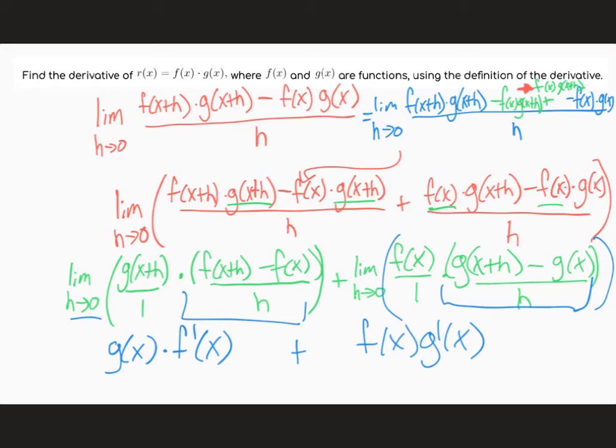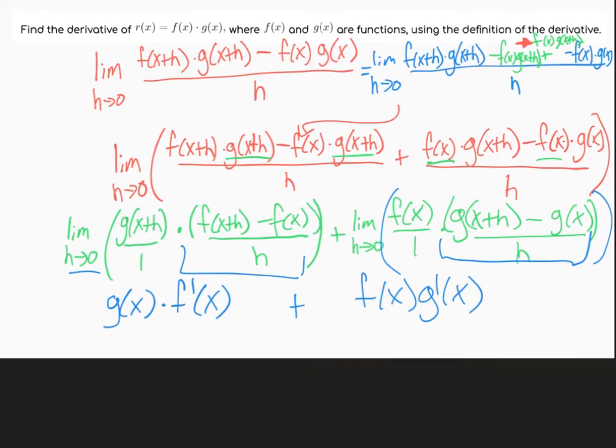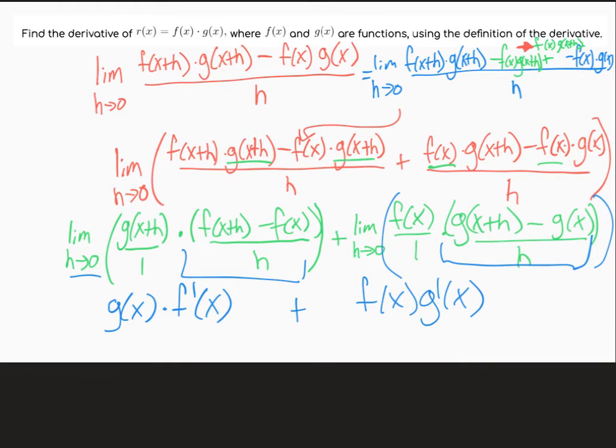What I'd like us to notice, I'm going to write this in a way that makes it a little bit easier to remember, is that we have f prime of x times g of x plus the derivative of g of x times f of x.